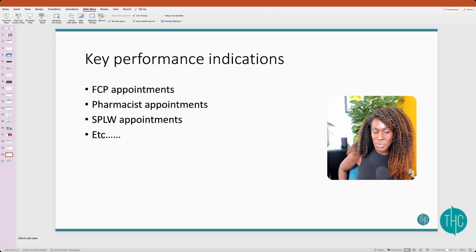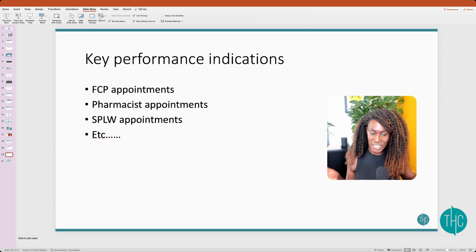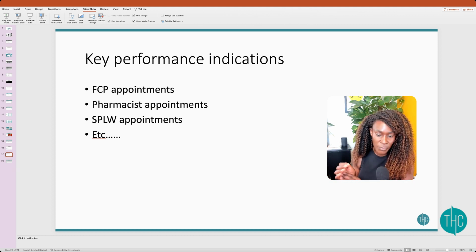You may also want to include key performance indicators around the number of appointments, for example FCP or pharmacist or social prescribing link worker, just so you're evidencing the impact, just so they can see the difference that having this extended workforce is bringing. I think that is really helpful. And if there are some question marks, it provides that opportunity to say, okay, what's working well and what would be even better if.